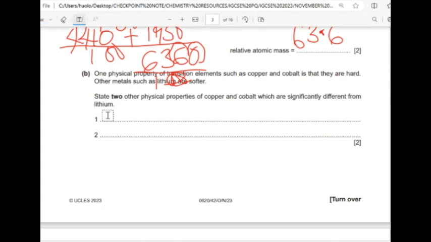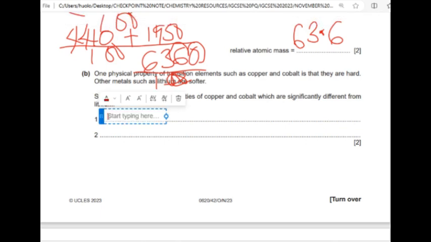Okay, so you say state two other physical properties of copper. You say it has higher density, so you want to learn to use comparative adjectives: higher density. Don't tell us it has high density. You are comparing two things, so you say it has higher density.